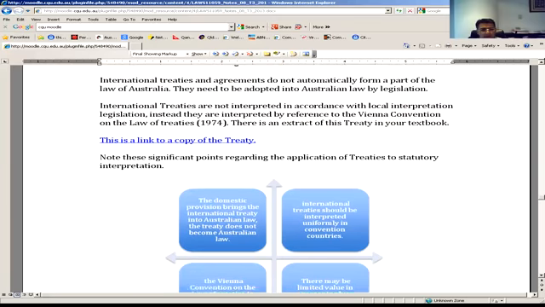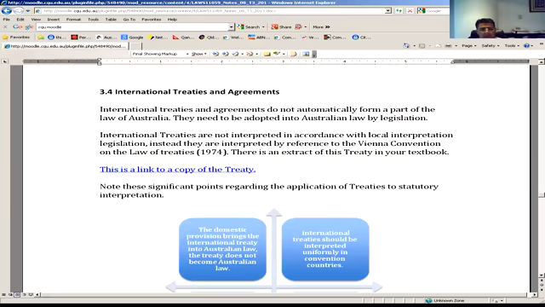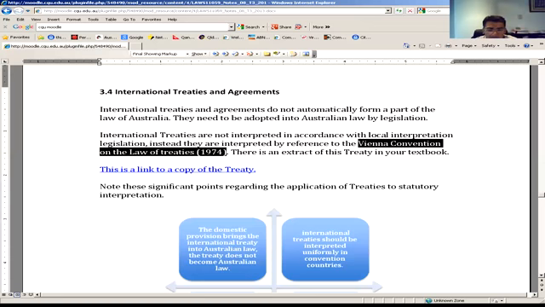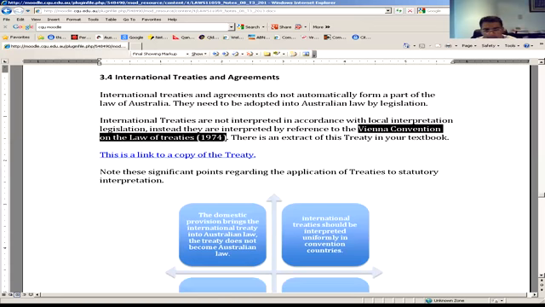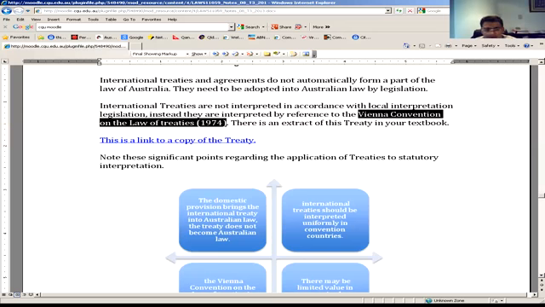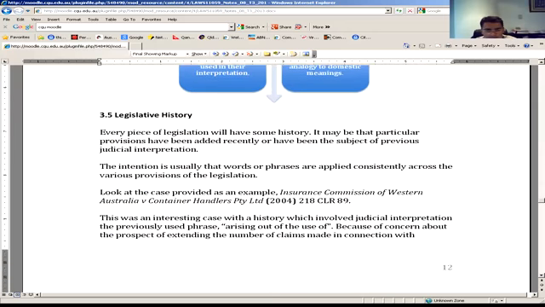The difficulty there is that you need to look still at the words of the act in question and not say, well, the treaty said this, but the act doesn't repeat that specific provision from the treaty, and then look to use the treaty to override the actual meaning in the act. Treaties themselves have their own mechanism for interpretation, which is the Vienna Convention on the Law of Treaties 1974. And so it's a bit like an Acts Interpretation Act for treaties themselves.